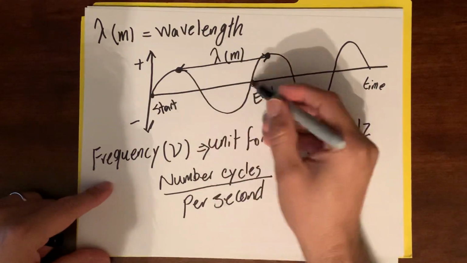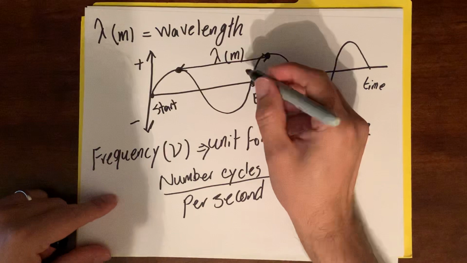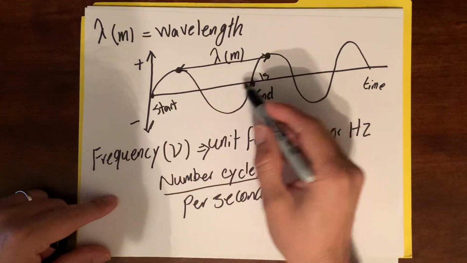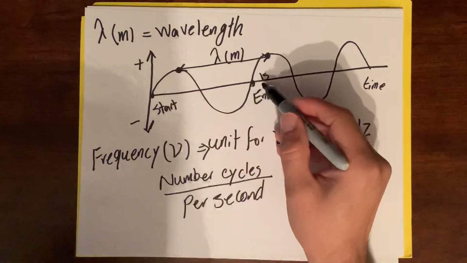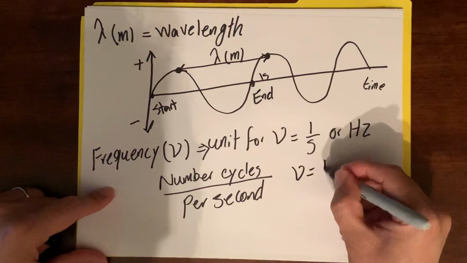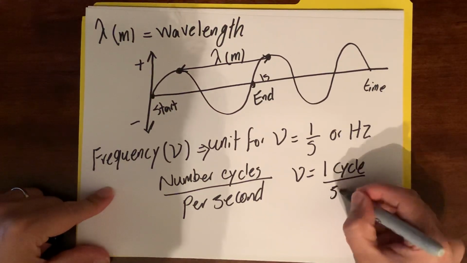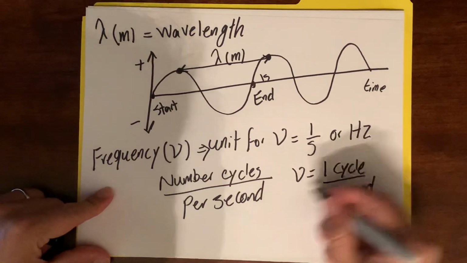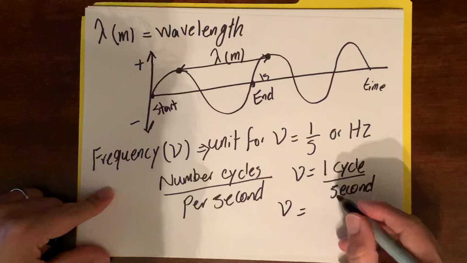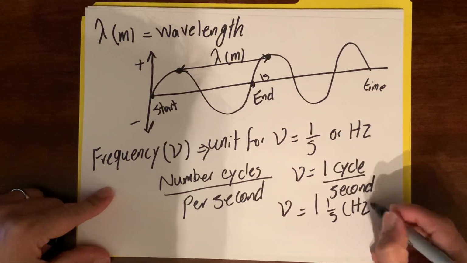Now, how long does it take to pass this cycle? I need to know the time. Let's assume in 1 second, we have only 1 cycle passing this point. So we say the frequency nu is going to be 1 cycle per second, and it's going to be 1 over second or hertz.